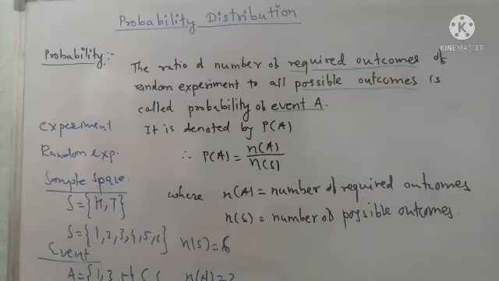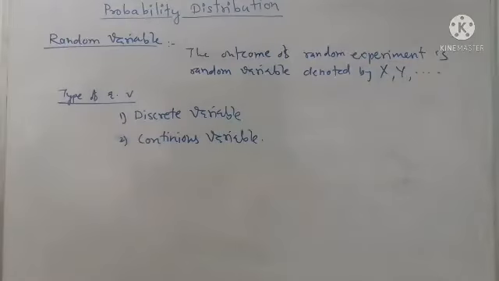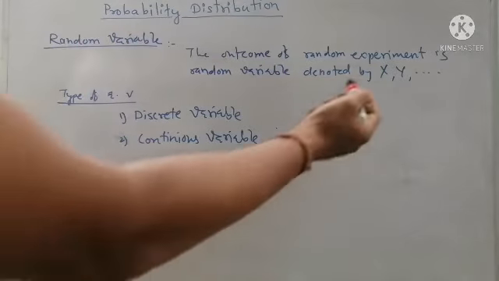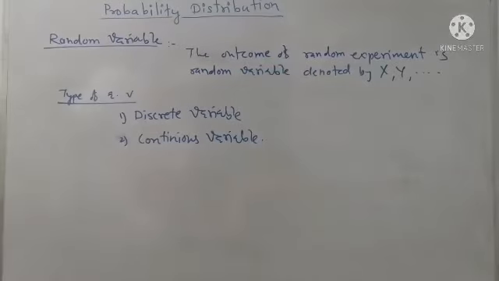So we move next to the random variable. The outcome of a random experiment is called a random variable. It is denoted by capital letters X, Y, Z. If we throw the dice, we get a number out of 1 2 3 4 5 6.